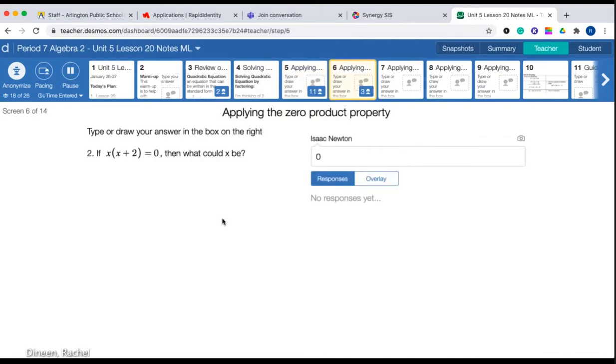Type or draw your answer in the box to the right. If x times x plus 2 equals 0, then what could x be? I'll give you a hint. There are two things that x could be. Can you get both?